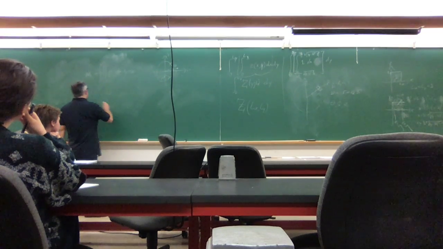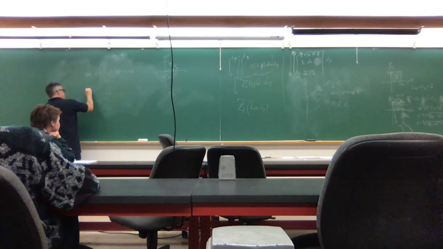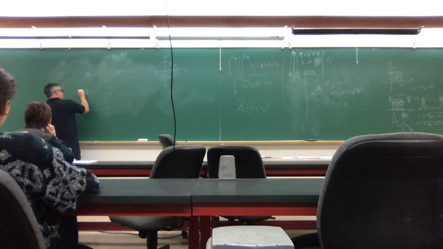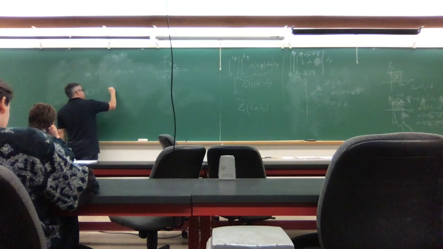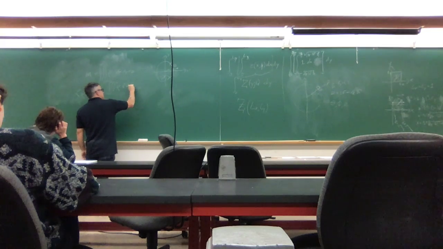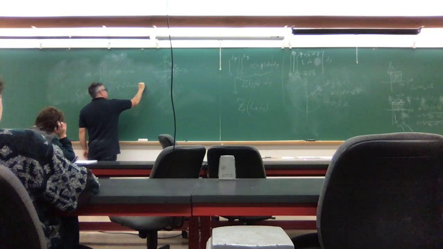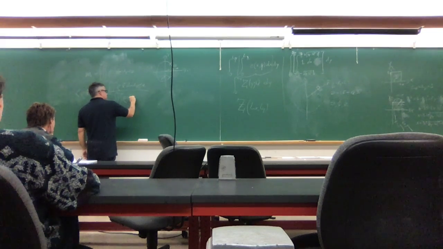And in fact, that's exactly what you do. So the center of mass, which is the density weighted position, is the integral of the density times position, dx, dy, dz, over the integral of density.